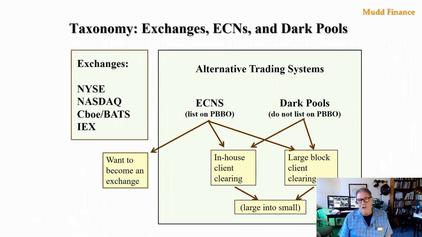And so some of these ECNs, also called alternative trading systems, or ATSs, exist out there and handle some of the trades. Some of them are what are called dark pools, which means they meet a separate set of requirements to be classified as a dark pool.